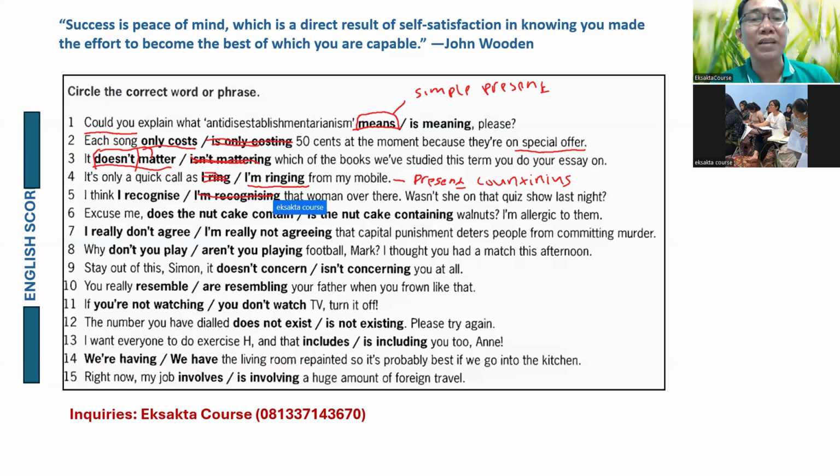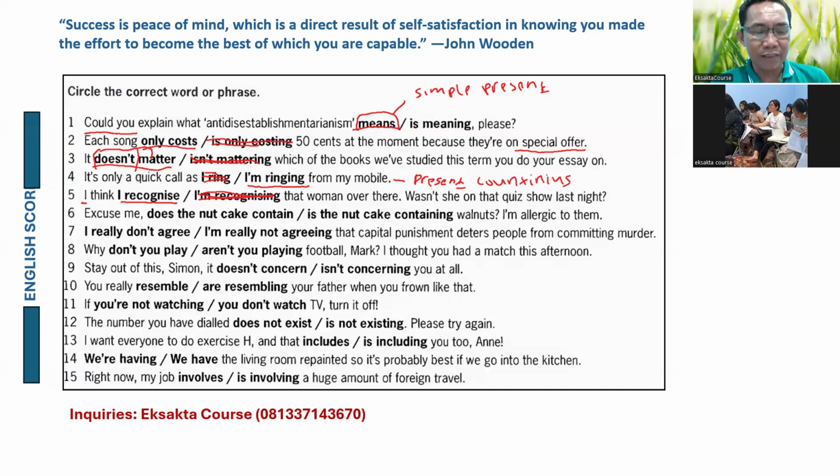It is simple present. We know that it is simple present because it is talking about that woman over there, and it isn't talking about an action. Here "recognize" has no s or es because the subject is I.